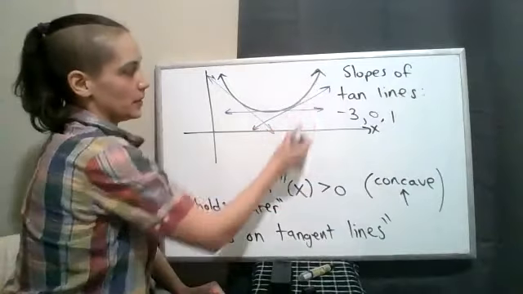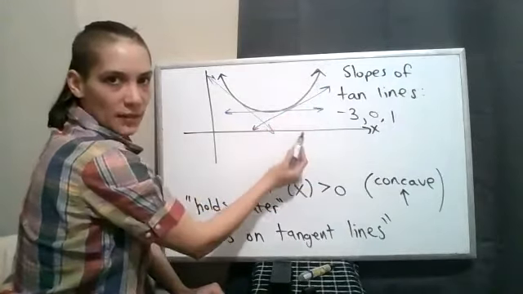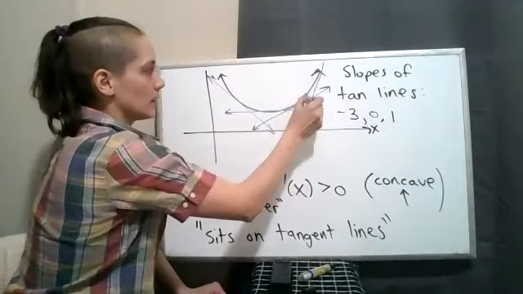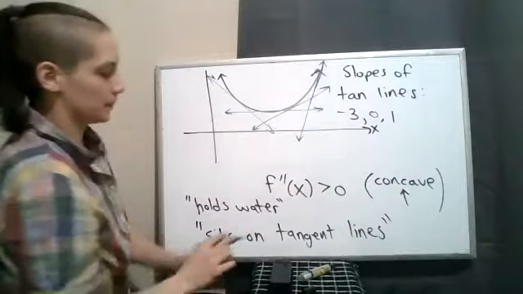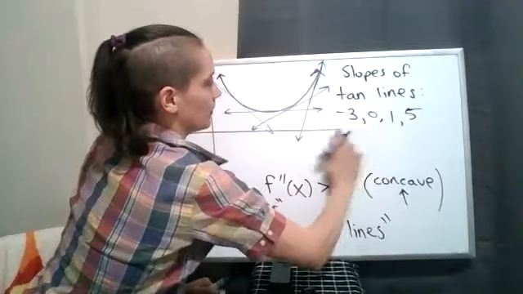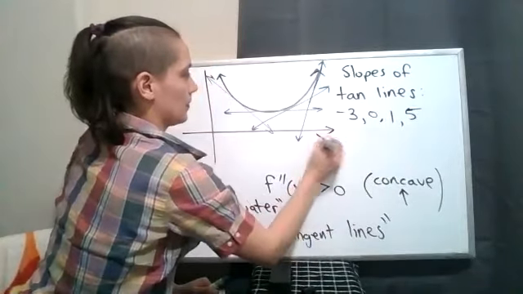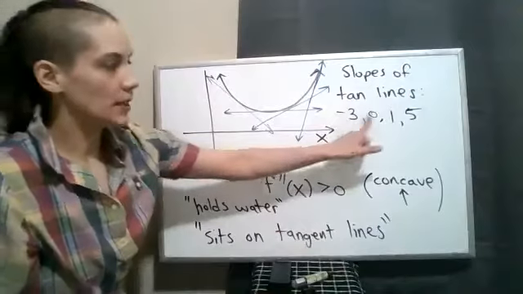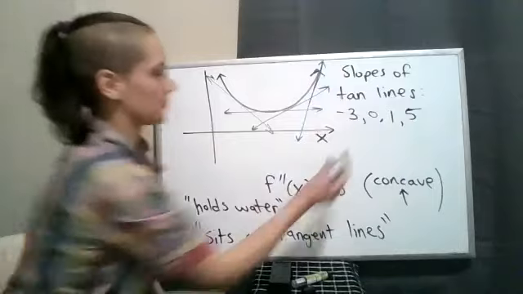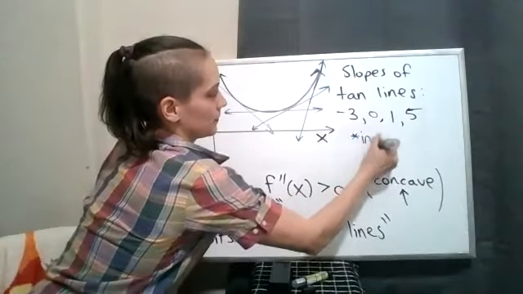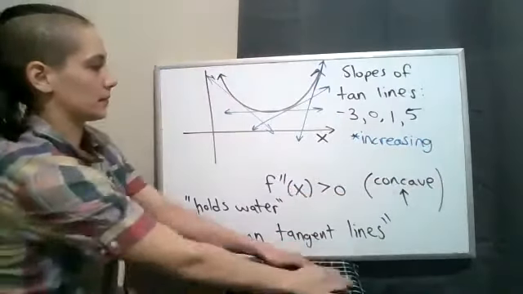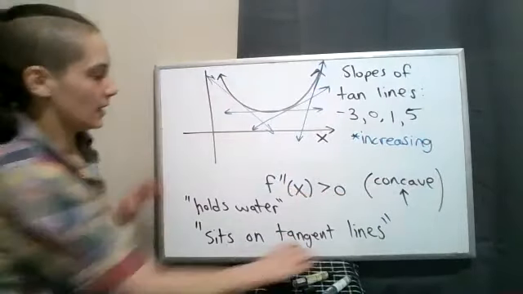Let's go kind of steep with a slope of, we'll call it, 5. So we're going -3, 0, 1, 5. We're increasing with our slopes of tangent lines. And that's concave up.